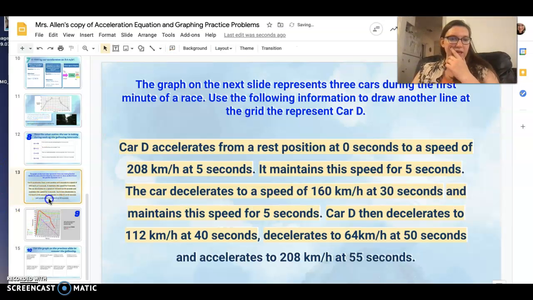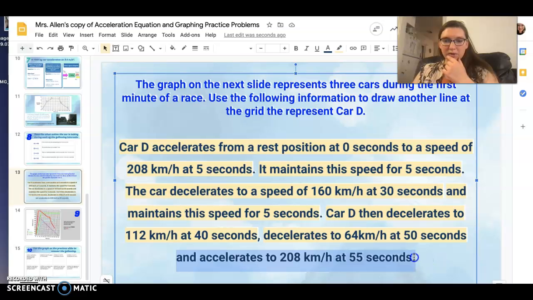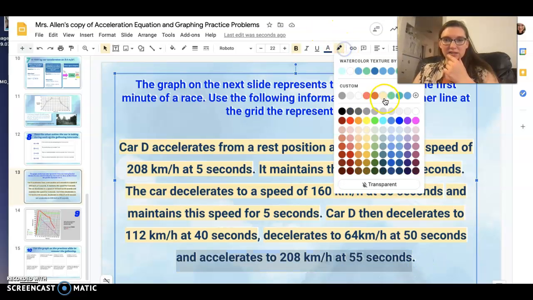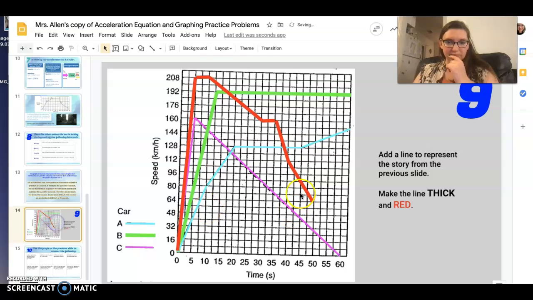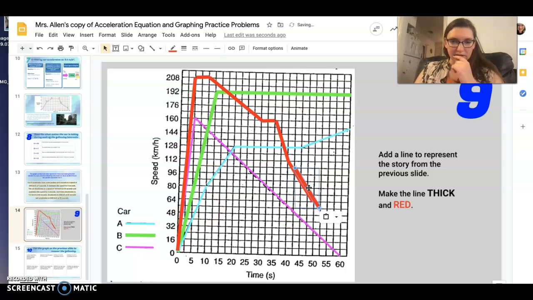And then it accelerates back up to 208 kilometers per hour at 55 seconds. So that's what that line looks like.